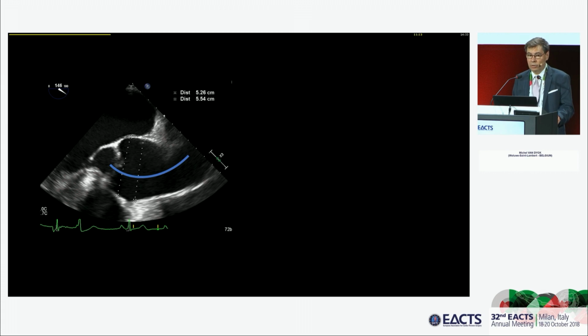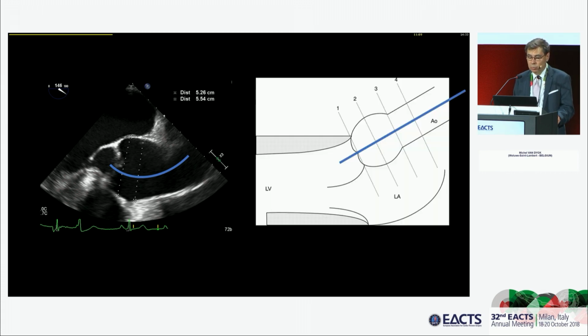Another problem when measuring the ascending aorta and the aortic root is the fact that we should be well aligned with the longitudinal axis of the ascending aorta, and quite sometimes we have such curves that are off-line, and this measurement will not be true.